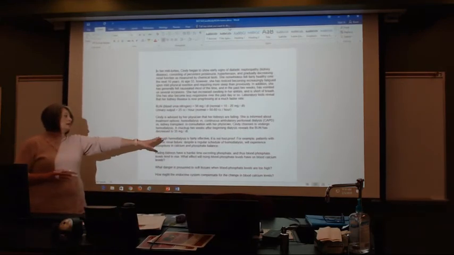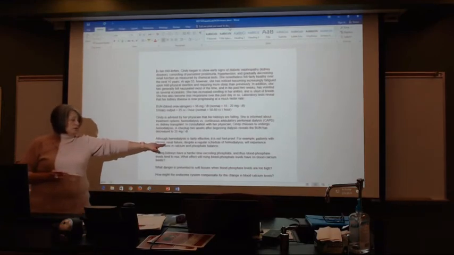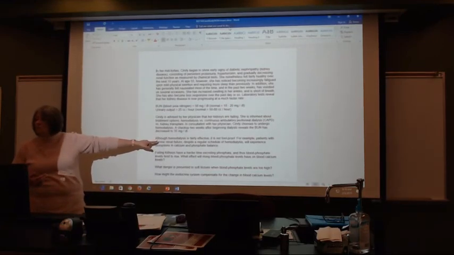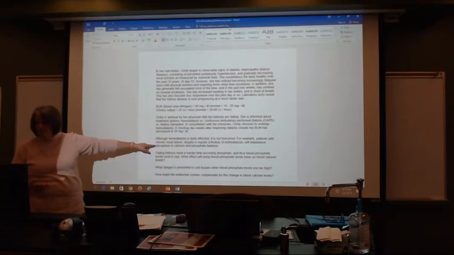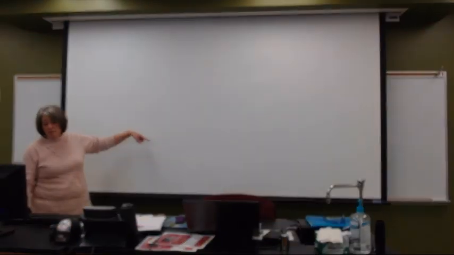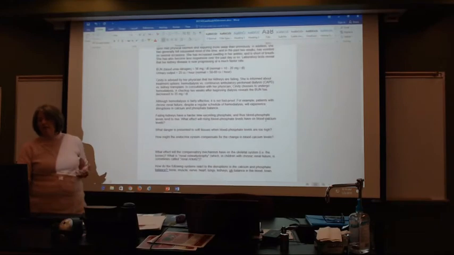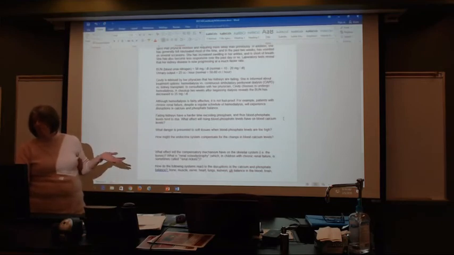So even though it's effective, it's not foolproof. People with chronic renal failure, I don't know if you've ever had someone in your family suffering from this. My mother-in-law did. She passed over the summer of last year, and it's a very debilitating, horrible way to go because she'd already had a kidney transplant, and there was nothing else that could be done, and she made the choice.